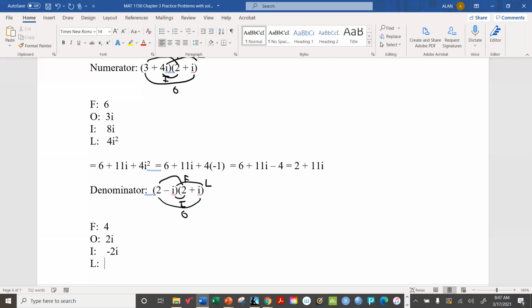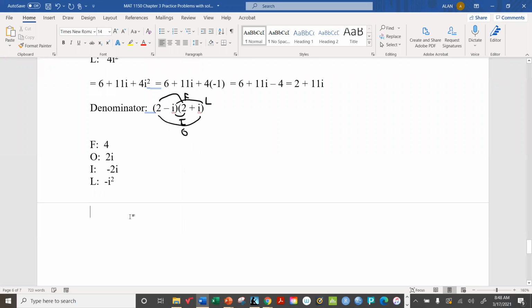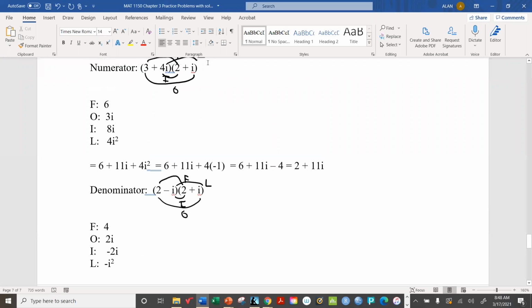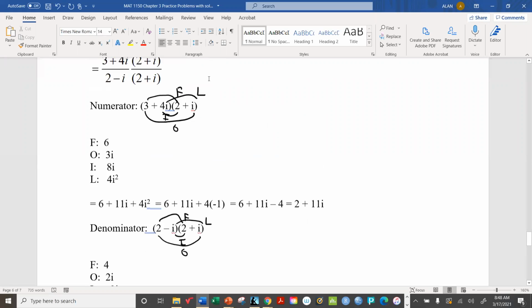And that's, of course, because they're complex conjugates of each other. We'd expect to see some canceling. All right, so this entire expression equals 4 minus i squared. The O and the I both cancel out. So we have 4 minus negative 1 equals 4 plus 1, which is 5. So then we have our numerator, we have our denominator.